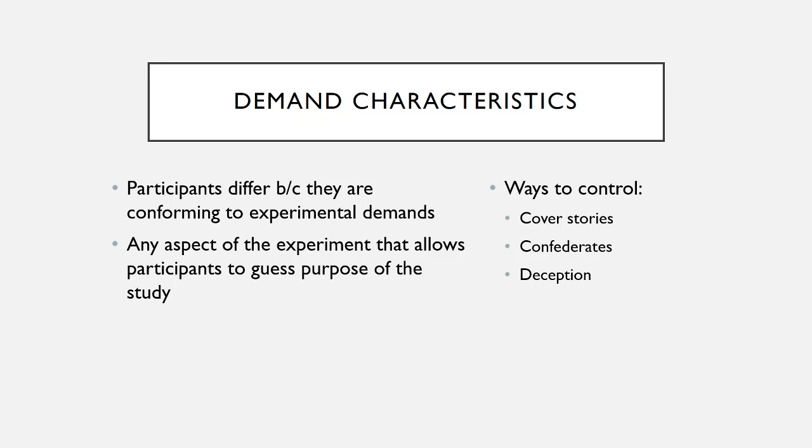Any of these strategies are ways to reduce the effect of demand characteristics. Obviously, there are some ethical concerns with any of these. In the context of psychology research, we feel the use of these strategies is at times justified, but they can only be used in limited doses and only when strictly necessary.